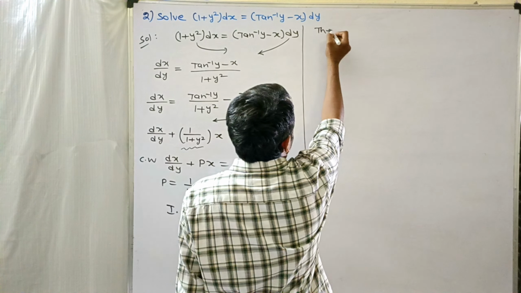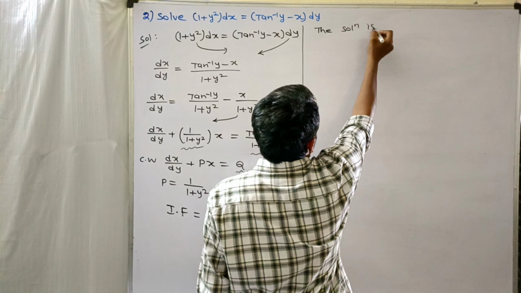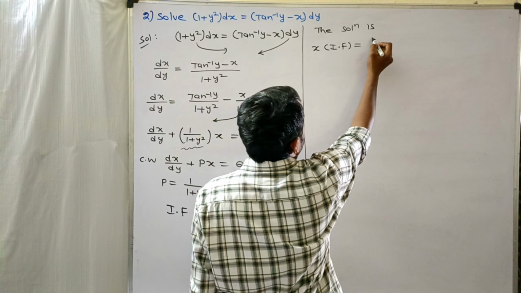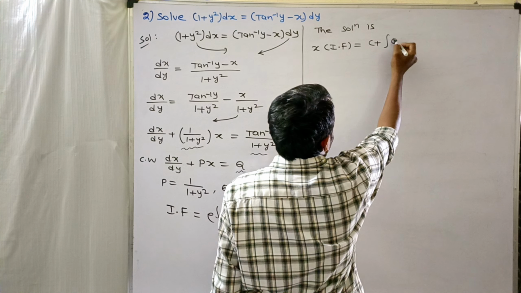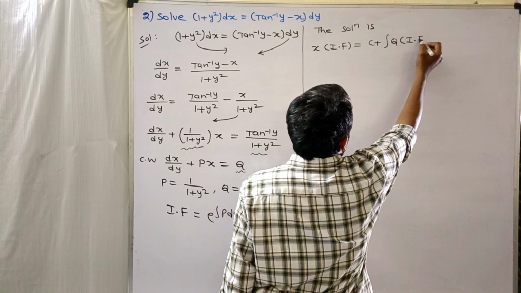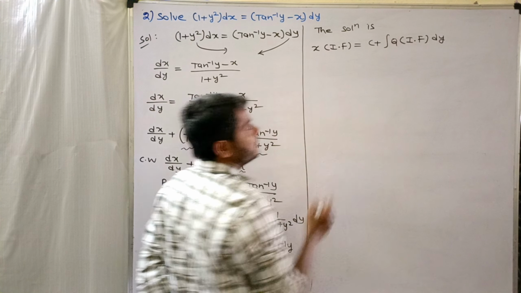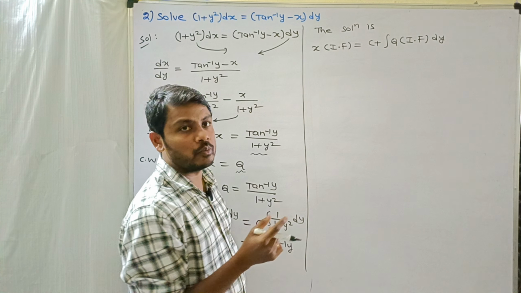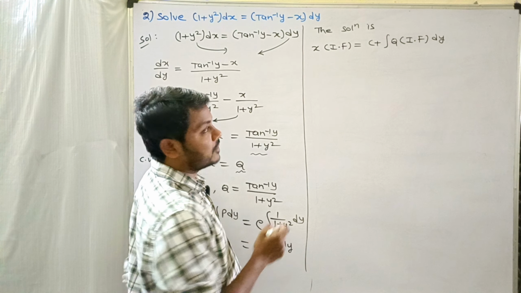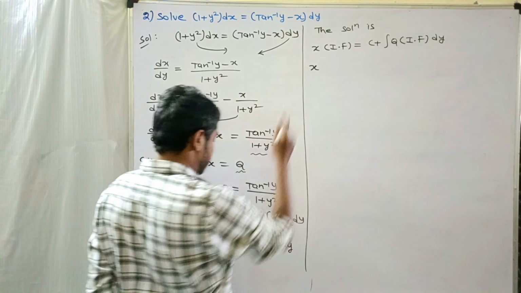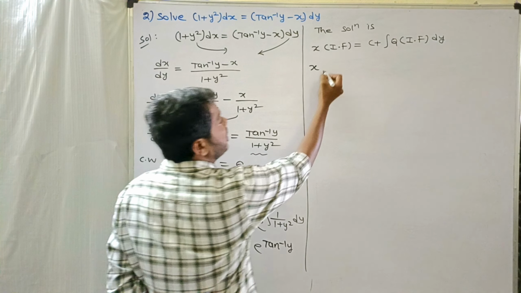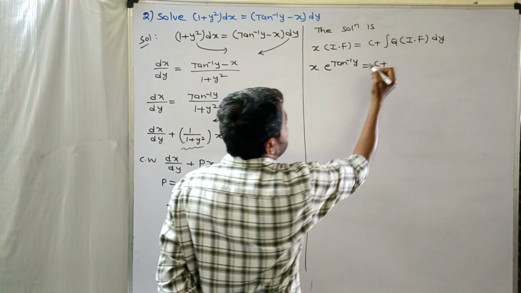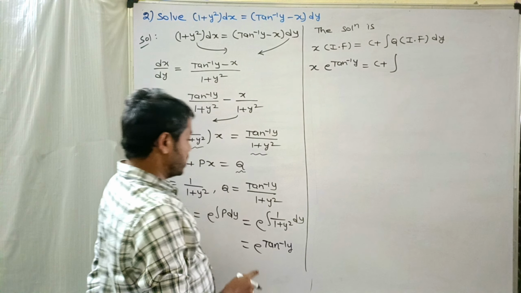So here the solution is, what is the solution? x into integrating factor equals c plus integral q into I.F. dy. Now substitute the values of integrating factor and q in the formula. x into e power tan inverse y equals c plus integral q, what is q?